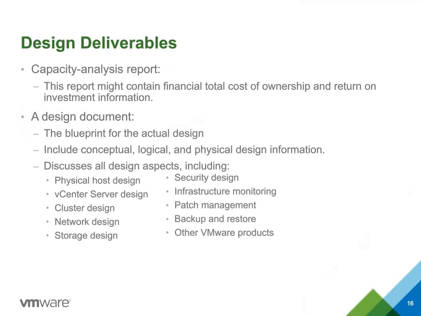The physical design portion of the blueprint is very, very low level and points out information that's ultimately going to be required by the people who are implementing, deploying, and operating the environment itself.